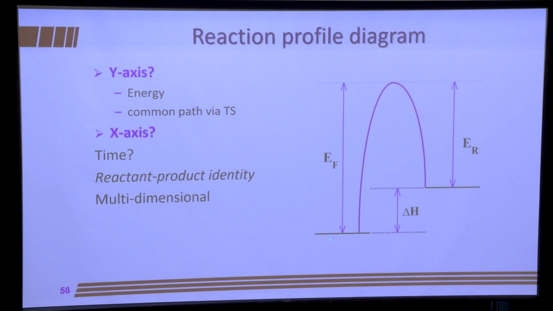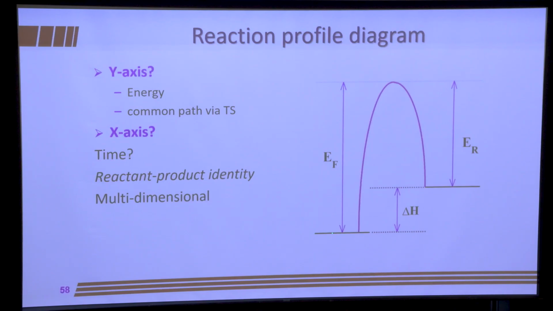So if we look at this reaction, C2H5, it has to overcome a large energy barrier and reach a transition state and then go to products C2H4 plus H, okay? But actually, this barrier varies depending on delta H of reaction, okay?